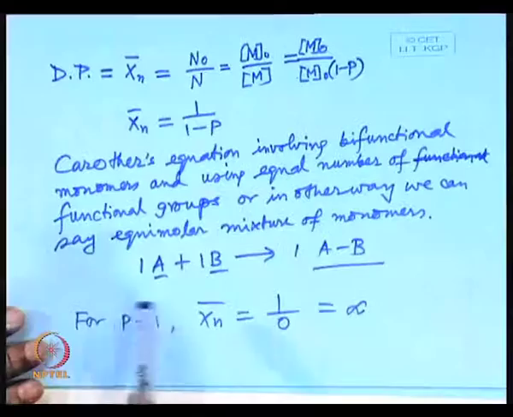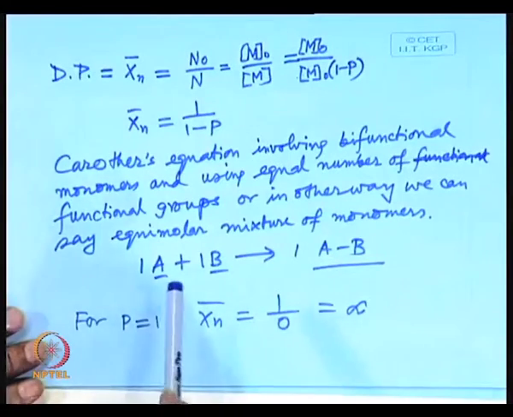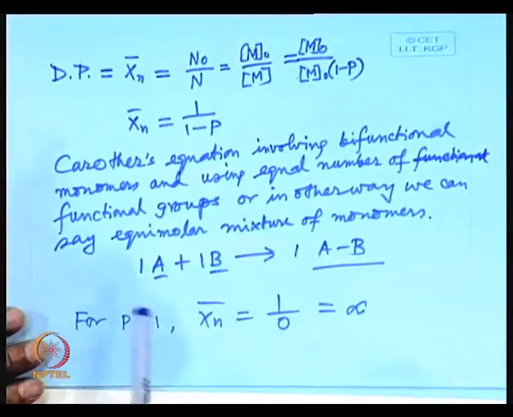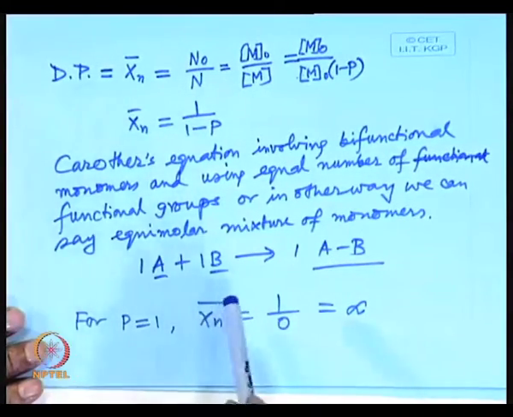Now, this gives you a clue how to monitor the growth of such a reaction. Here in this particular case, you have started with a diol and a diacid. So, you can go for estimation of alcohol or acid groups by a simple stoichiometric method.